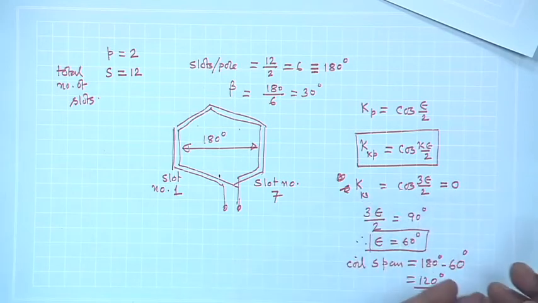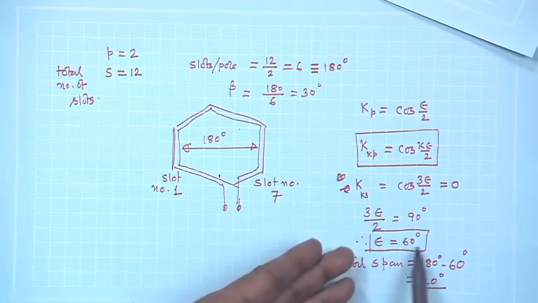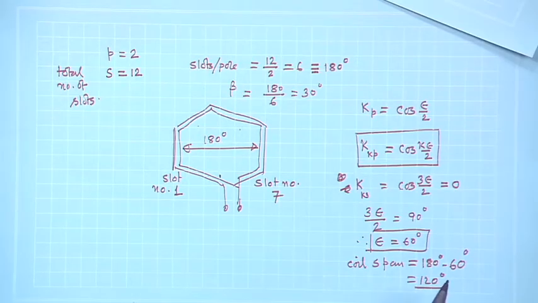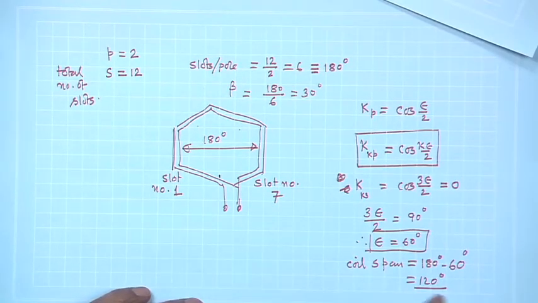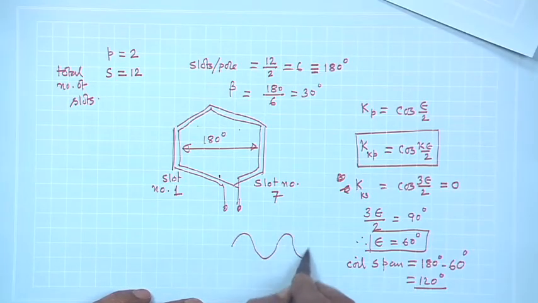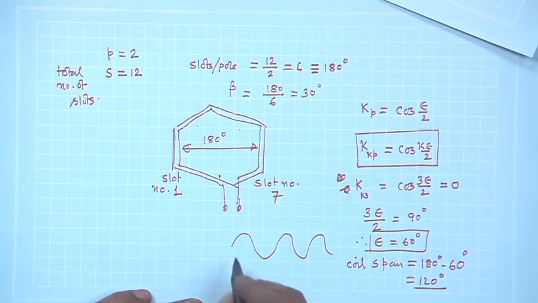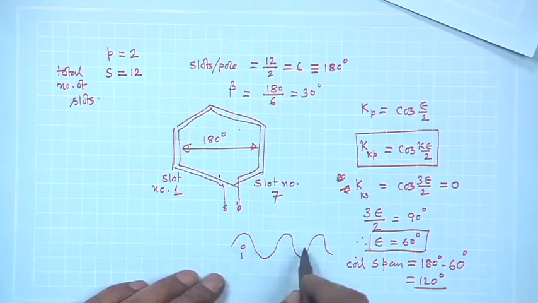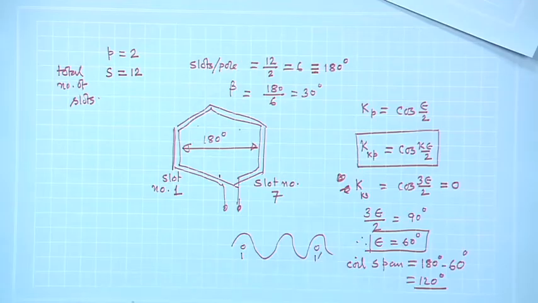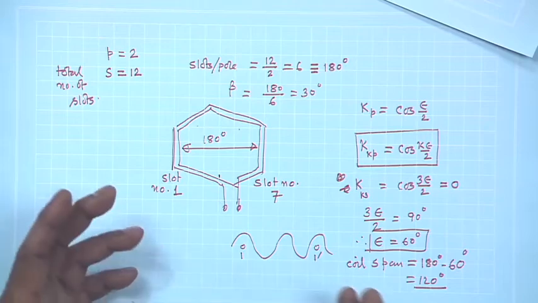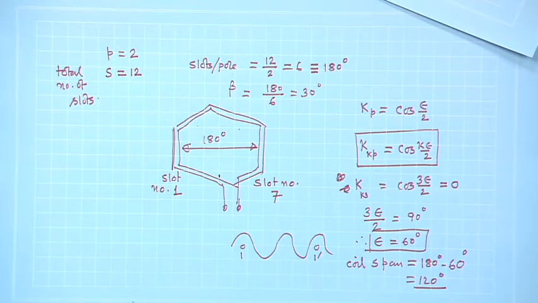So, cosine 90 is 0, and from there you got epsilon 60 degree. And why will that be? This is possible, no doubt, if these third harmonic fluxes are like this, then one conductor you can examine, if it is 1 here, the other one is somehow under the same north pole, it is returned. That is how Kp3 is 0 for third harmonic voltage, but fundamental voltage will be there.